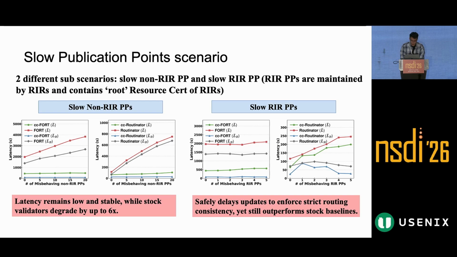However, CityPipe keeps the overall latency low and stable. Furthermore, when dealing with slow IR PPs, which contain the root authorities, CityPipe safely delays updates to enforce strict routing consistency. Yet it still outperforms the stock baseline.